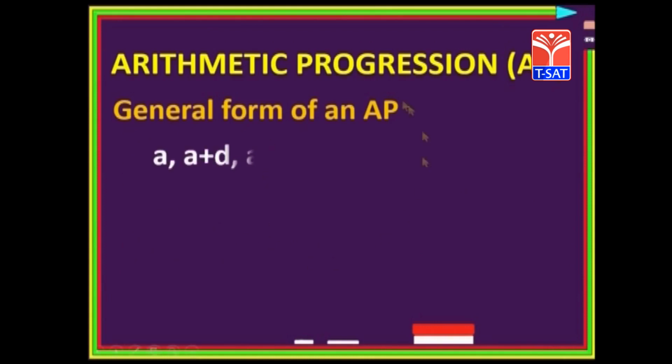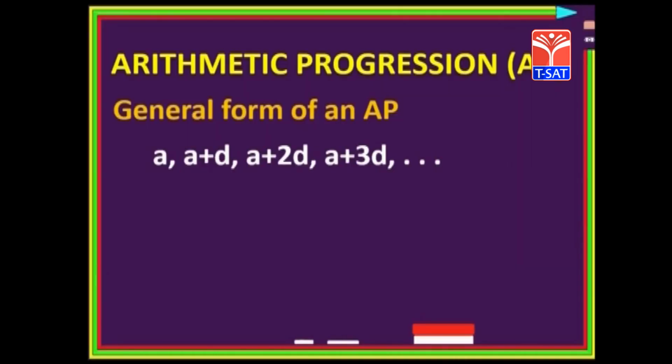So, what is the general form of AP? That is a, a plus d, a plus 2d, a plus 3d, and so on. That is the general form of AP. Here I am giving one more point also: what is a finite AP, and what is an infinite AP. Finite AP, as the word itself suggests, means the series contains only a finite number of terms.